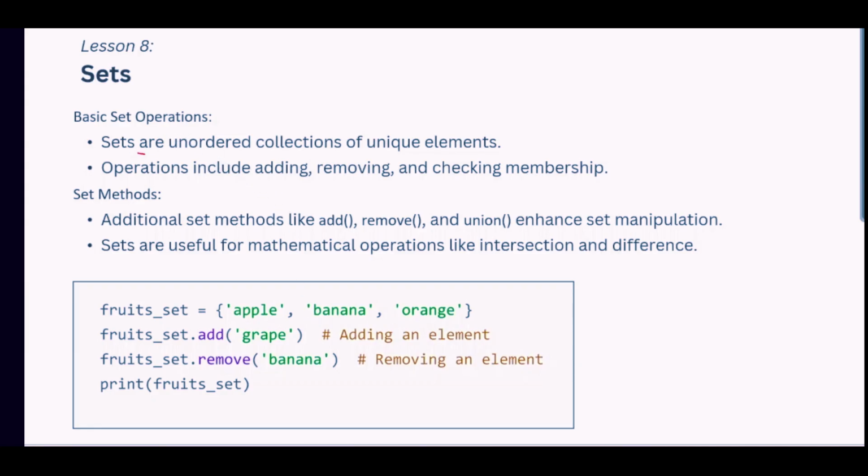That's why we call sets unordered collections of unique elements. Remember these two words, unordered and unique. Unordered says there is no index here, and unique says that all the values are unique. There would not be repetition. If one apple is there, then we cannot put one more apple inside this set.